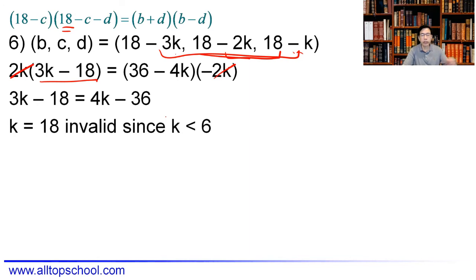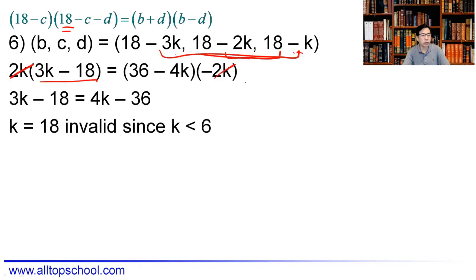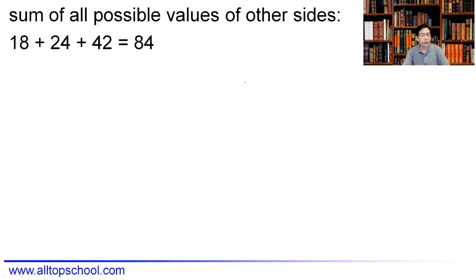So far, we just finished all the cases for all the possible arrangements of 18 minus 3k, 18 minus 2k, 18 minus k. So we only get 2 cases that work. We get 2 sums so far. But at the very beginning, if they are all equal to 18, as a rhombus, that also works.